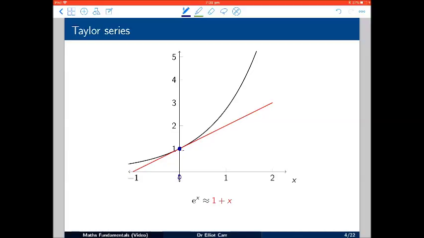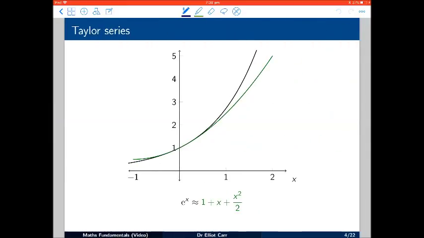Okay, and I continue to do that and take more terms. So take the next term, the x squared term, I get a better approximation to e to the x. I take the cubed term, I get an even better approximation.